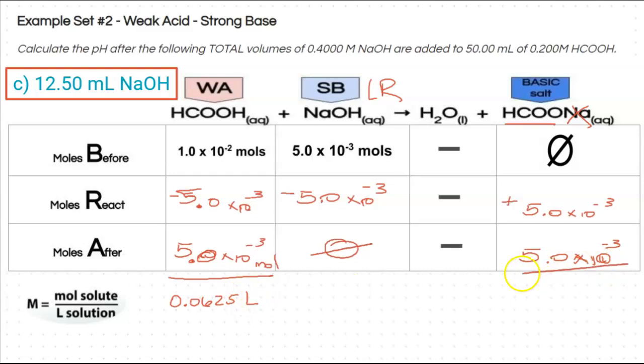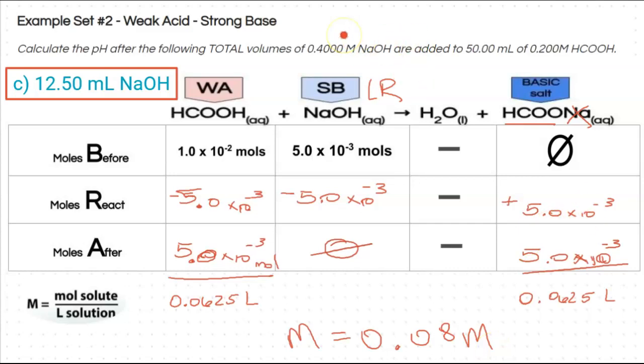And I'm going to do it for each of these values, 0.0625 liters. Both of those are going to calculate the same. The molarity of each of those solutions is going to be 0.08 molar.